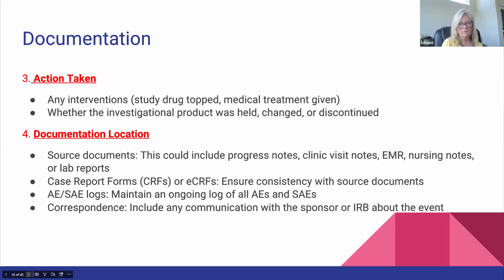And then correspondence: make sure that you include any communication with the sponsor or IRB about the event, the onset of the event, and when you reported that event also. And you're also going to want to make sure that you keep a reporting log of the events and when they were first documented and reported to the IRB.